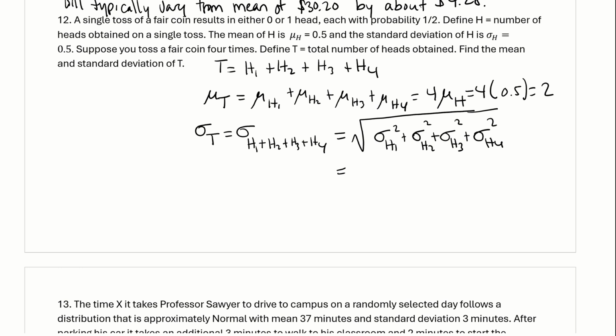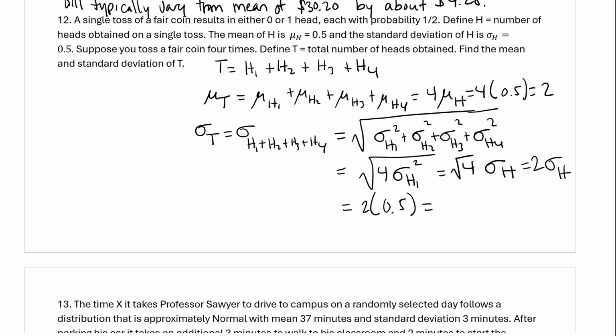So you get basically 4 of them, and so really it's the square root of 4 times sigma h. So sigma t is 2 sigma h. So in this case, it's 2 times 0.5, which is 1.